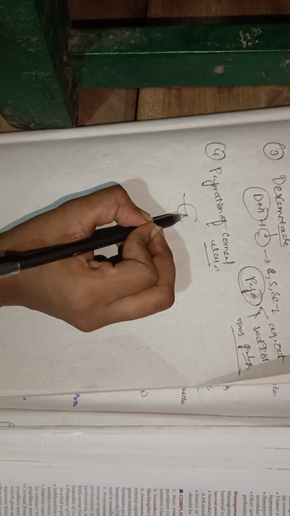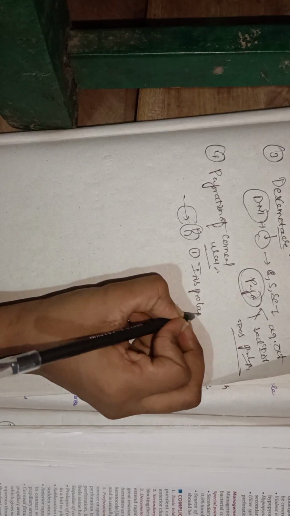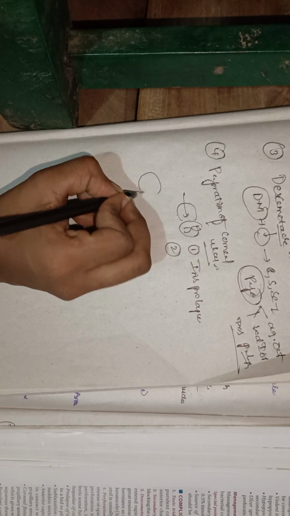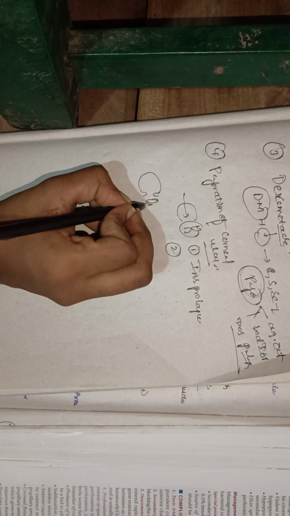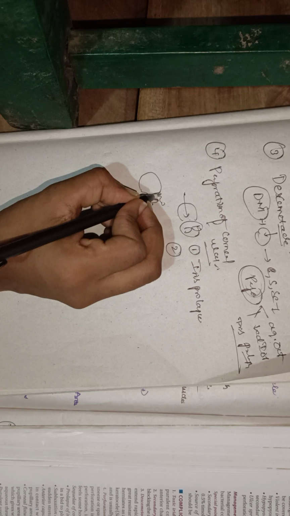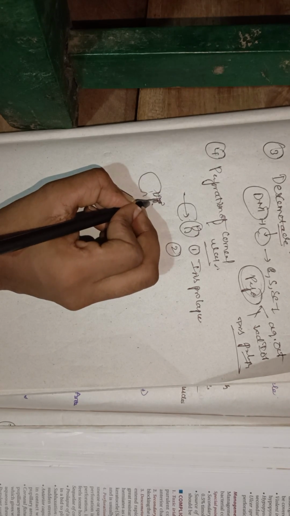See, when the cornea undergoes perforation, the iris undergoes prolapse. First point is iris prolapse. Next, because of the iris prolapse, see, this is the eye, this is the iris, and this is the lens. This is the ciliary body. When the iris and all these prolapse, then there is no attachment of zonules.